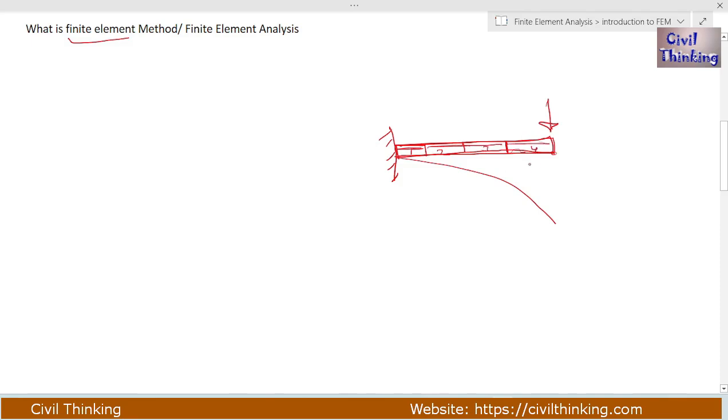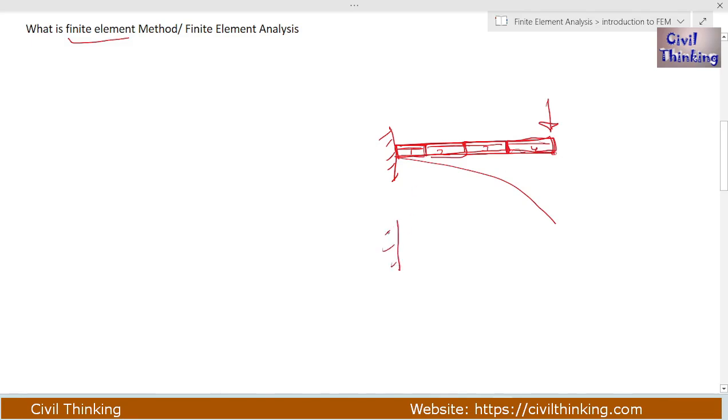So this is one finite element, this is another finite element, and this is another finite element.